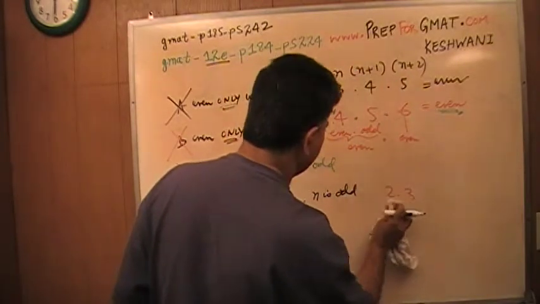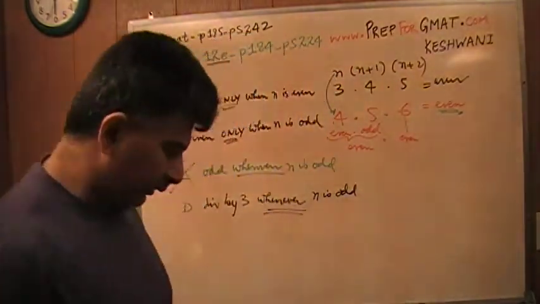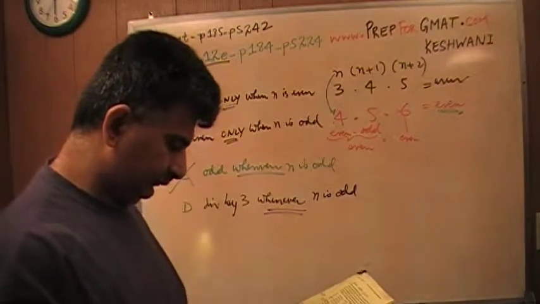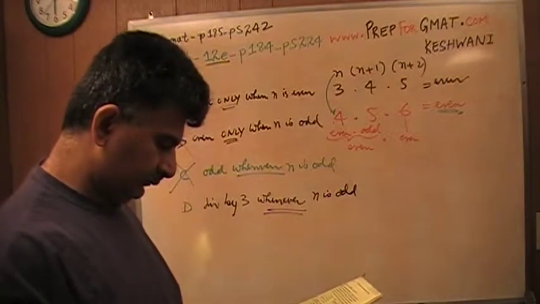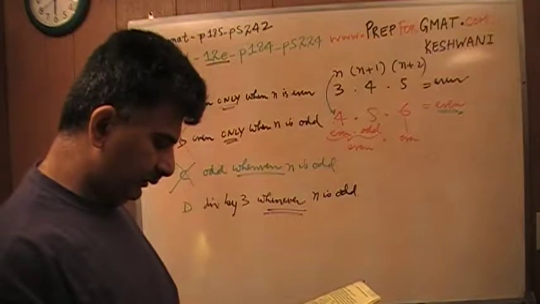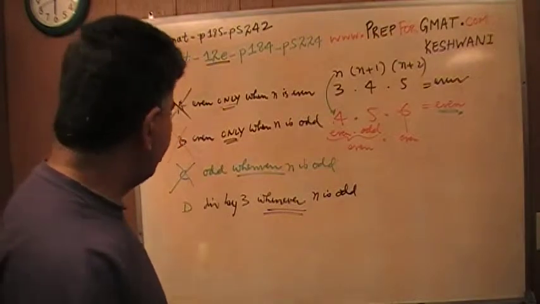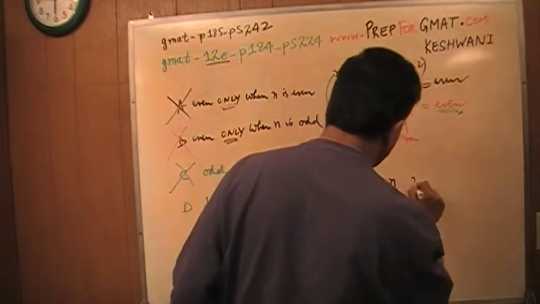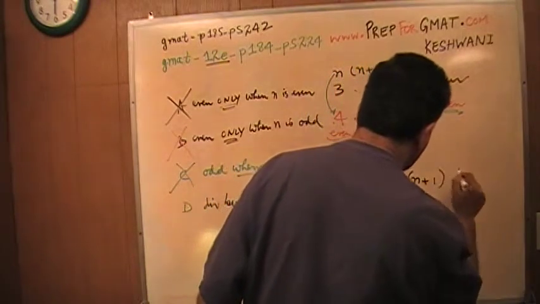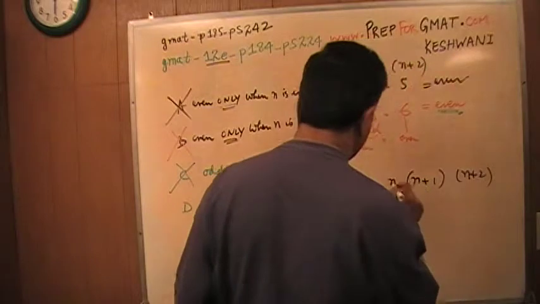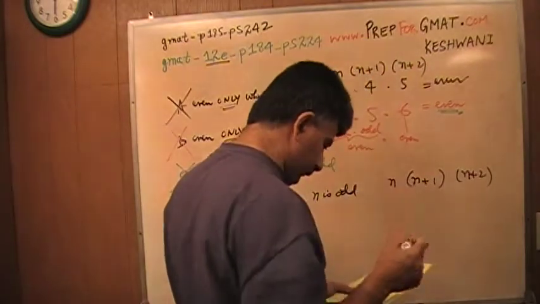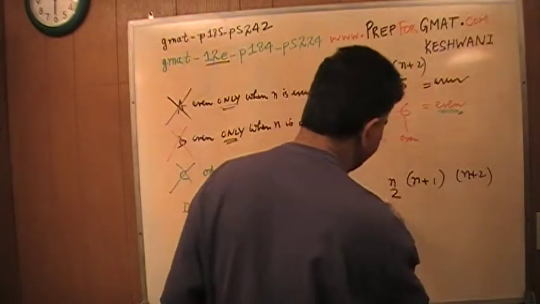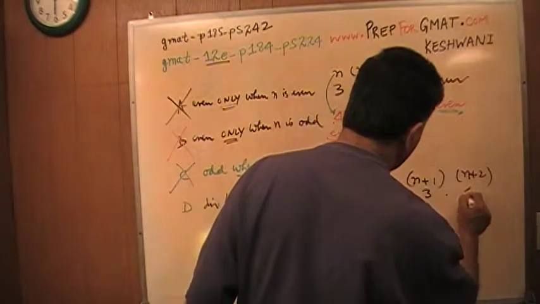Whenever n is odd, divisible by 3. Well, if I find n to be even, for example, let's plug in 2 for n, 2 times 3 times 4.